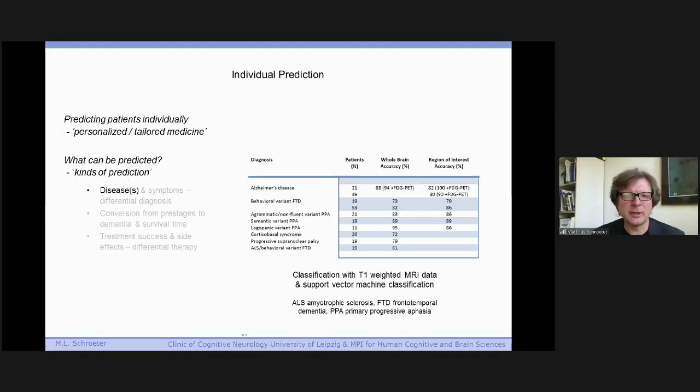Here are the results for the other diseases which are discussed in the FTLD spectrum. We can increase accuracy if we go to region of interest analyses based on meta-analytical regions, and if we add, additionally to structural MRI, FDG PET data, so data for metabolism.